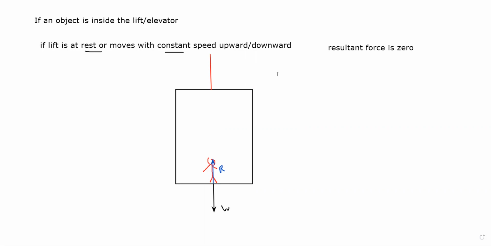So in that case, R is equal to W, the weight and the normal contact force will be the same when the lift is either at rest or moves with a constant speed. It can be a constant speed upward or downward. It does not make a difference to this scenario.